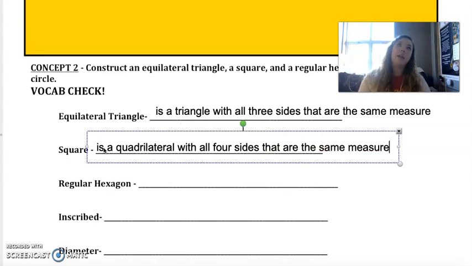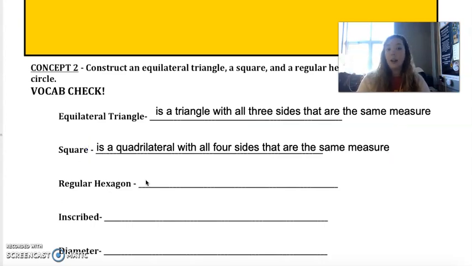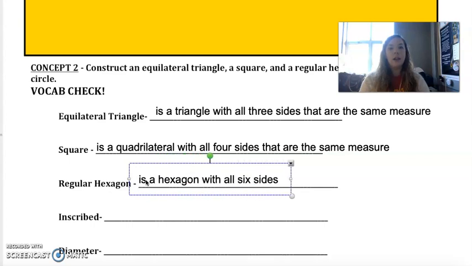So really what we're talking about here are regular figures. An equilateral triangle and a square are what we call regular. A regular hexagon is a hexagon with all six sides that are the same measure. If anything is called a regular figure, that means all their sides are the same.